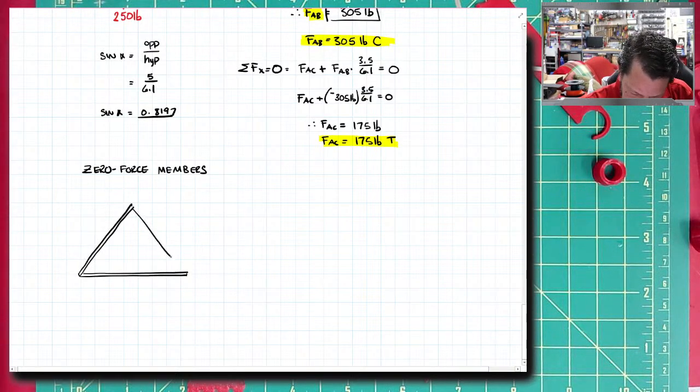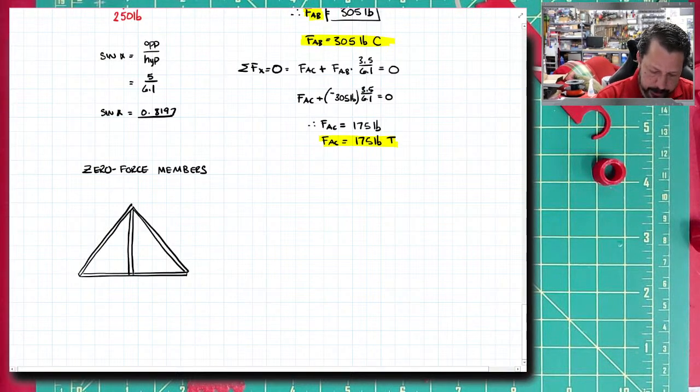So an easy one to think about would be, let's take the same truss that we just had. And let's add a piece to it right through the center. So now we've got joints A, B, C, and we've added this joint D. AD and DC are actually 2 separate pieces.